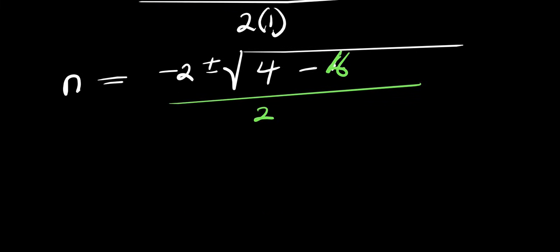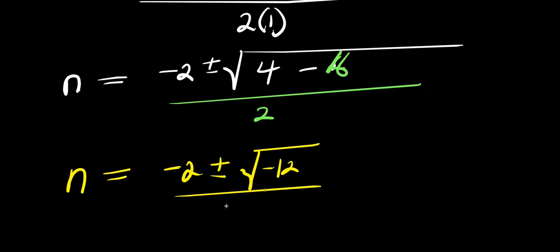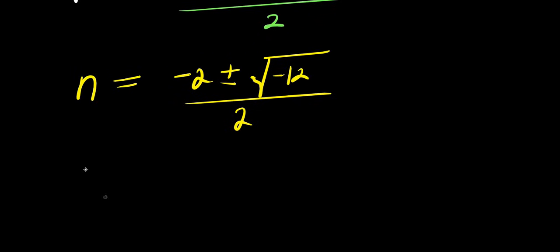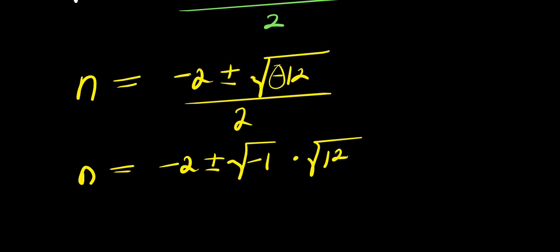So from here, I have n equals negative 2 plus or minus 4 minus 16, that is negative 12, divided by 2 times 4. So from here, I have n equals negative 2 plus or minus, there's a minus here, square root of negative 1 times square root of 12.